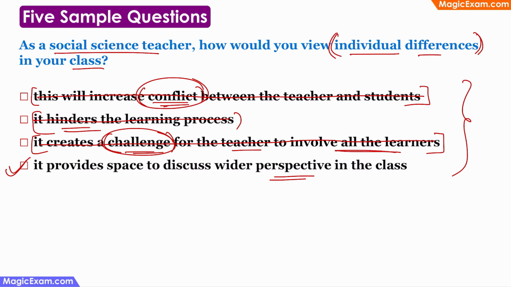So they bring a better perspective in the classroom and they can make the discussion a lot more meaningful. Therefore, these individual differences can be an opportunity and not a hindrance. Therefore, the last statement is the correct answer.